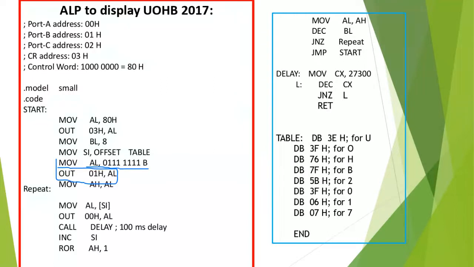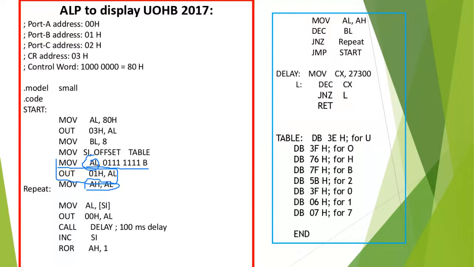And then because we have to use AL for another purpose also, for sending the A, B, C, D corresponding data, that's why we put this AL data in AH, so that it is not lost or overwritten. And then MOV AL, [SI].